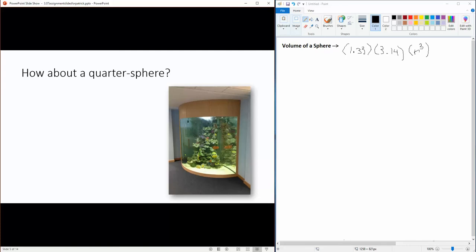If getting half a sphere was dividing by 2, getting a quarter sphere, which we'll see later, is the same as dividing by 4. So when they ask for a quarter sphere, we'll find the total volume and then divide it by 4 to get the volume they're actually looking for.